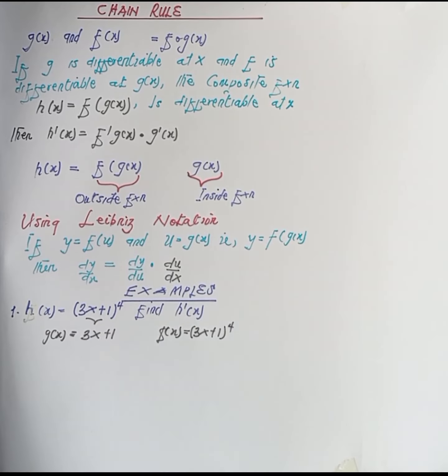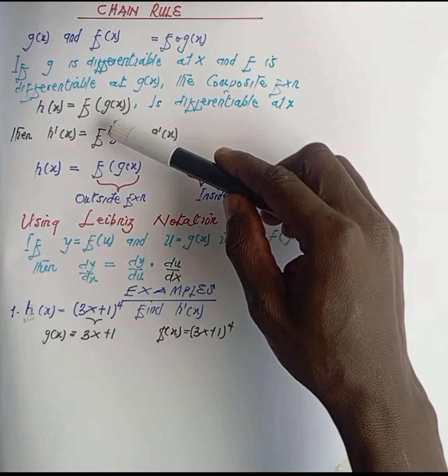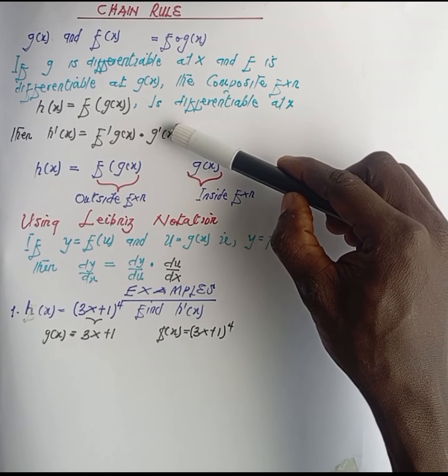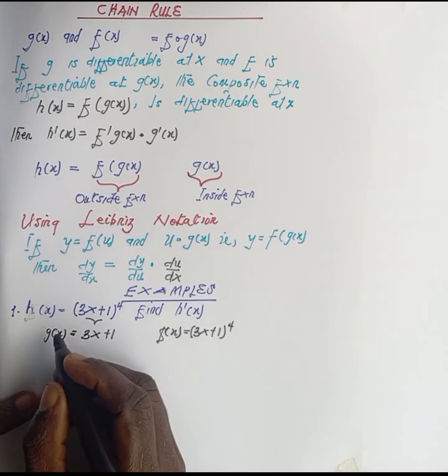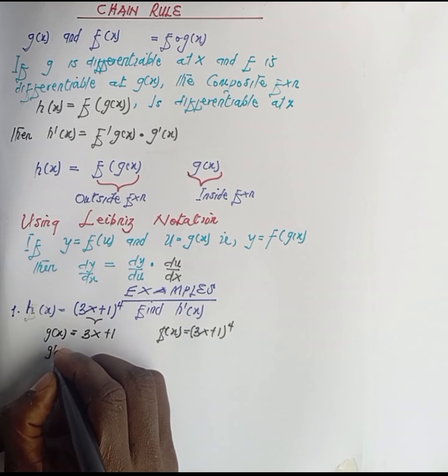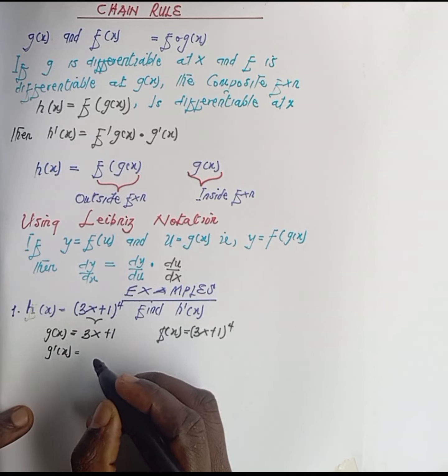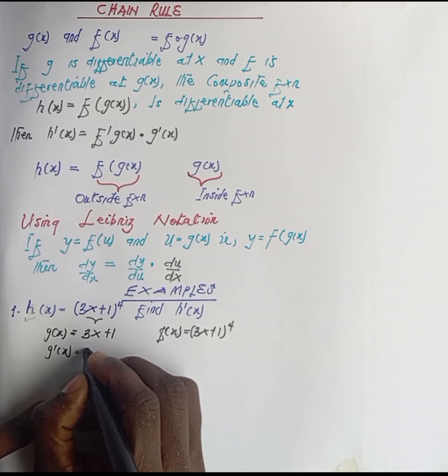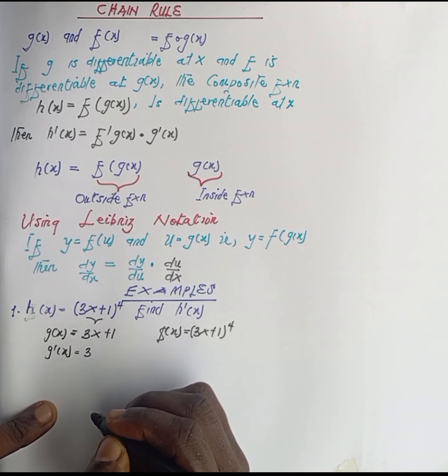After that, we find the derivative of the outside function and the derivative of the inside function. The derivative of the inside function, g prime of x: when we differentiate 3x we get 3, and when we differentiate a constant we get 0.